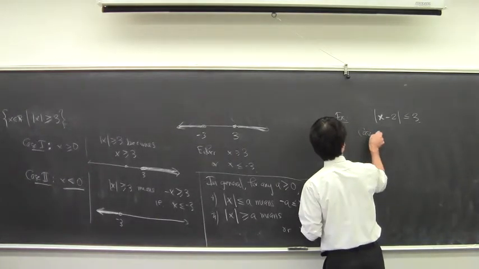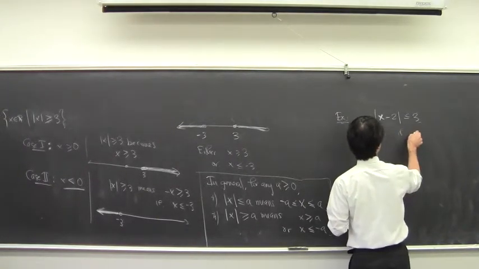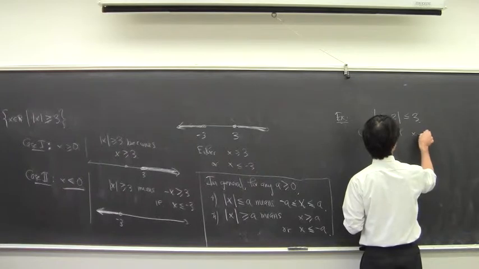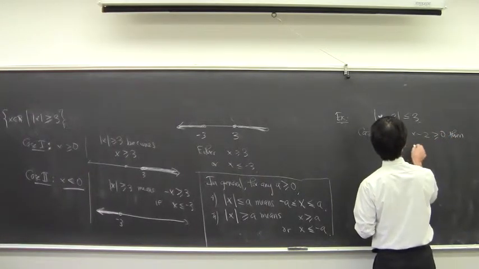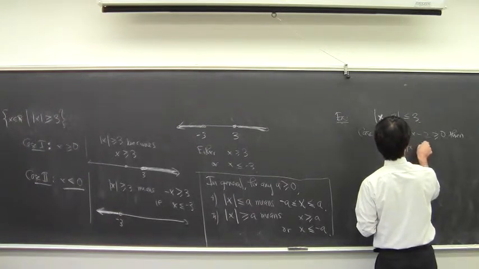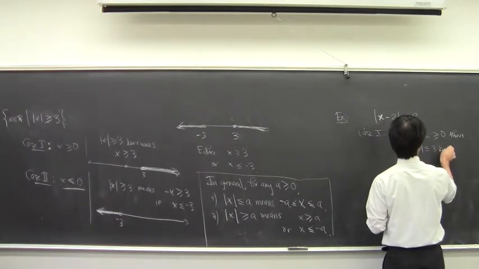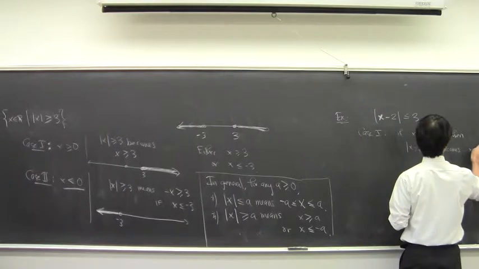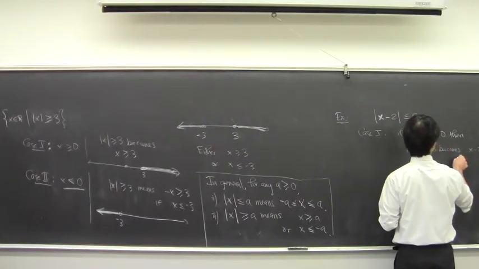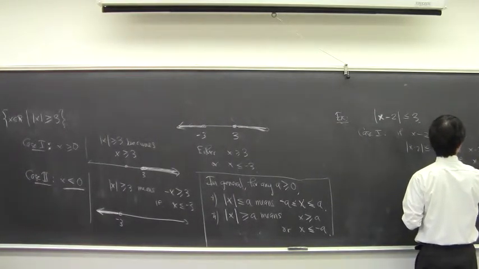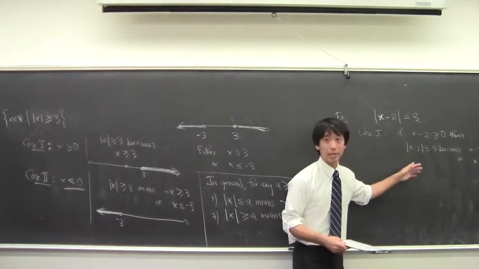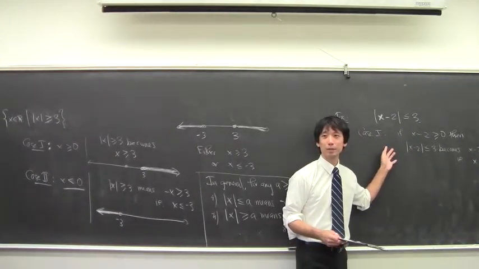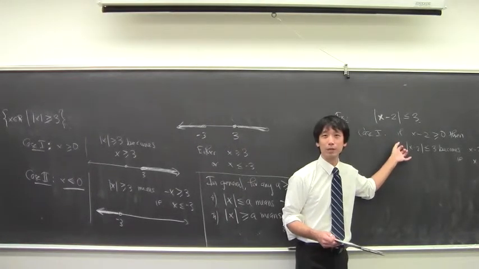You say, okay, case 1, if x minus 2 is bigger than 0, then this thing becomes x minus 2 is less than or equal to 3. In other words, x is less than or equal to 5, right? And then you do the second case, and blah, blah, blah, you put it together. So you could do it the way we've done it so far.